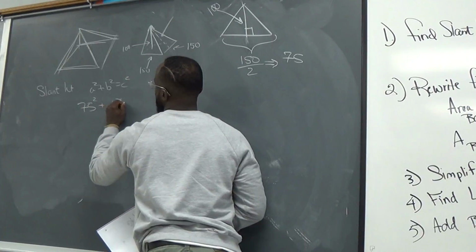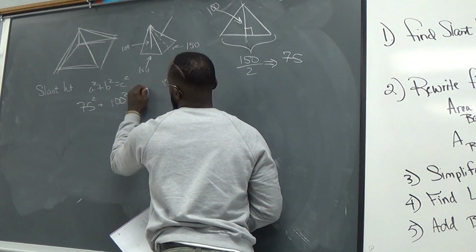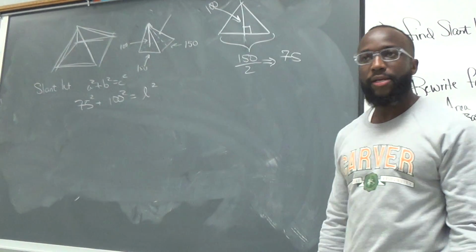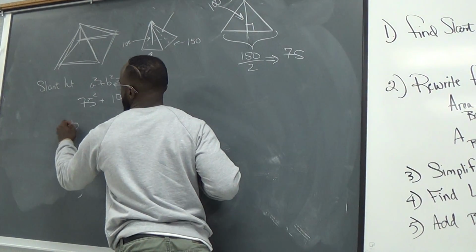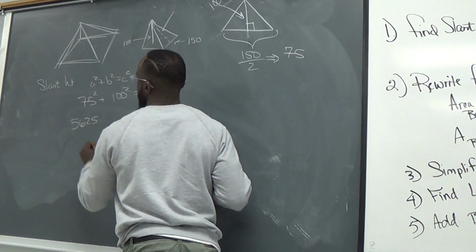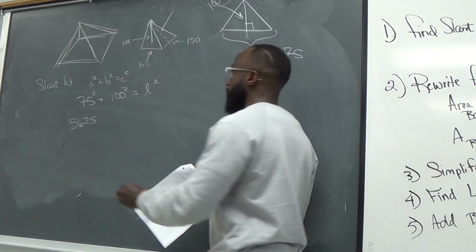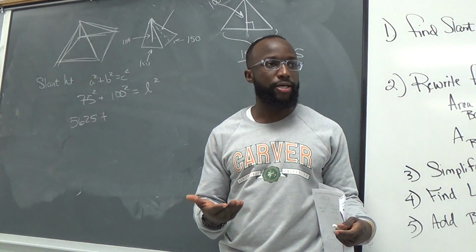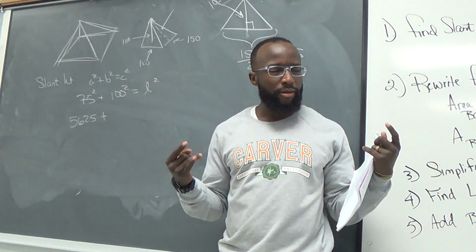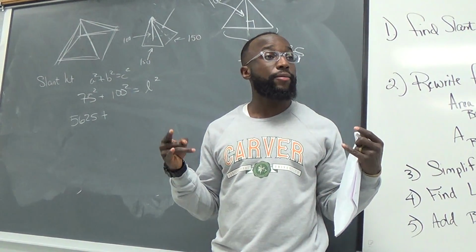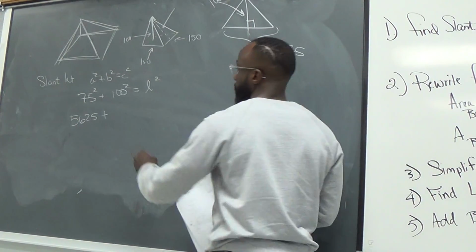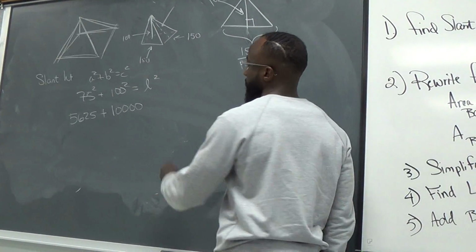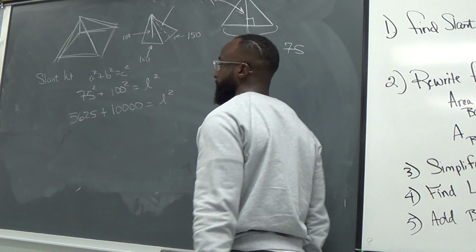So it'll be 75 squared plus 100 squared equals our slant height squared. 75 squared is 75 times 75, which is 5,625. 100 squared is 100 times 100, which is 10,000.